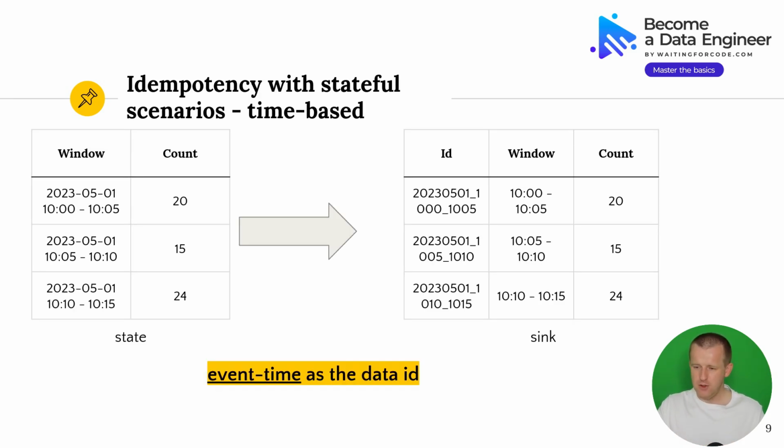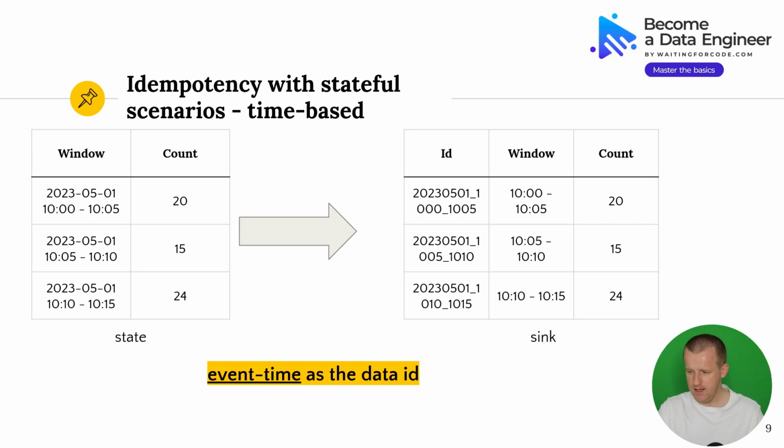Previously I showed you idempotency for the simple example of a window, and it relies on the event time property of each state as the ID.